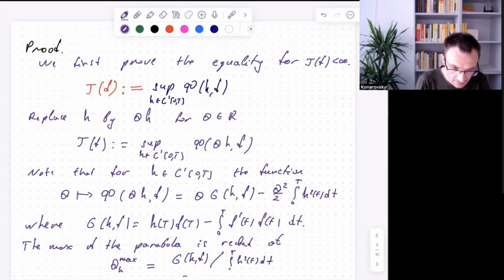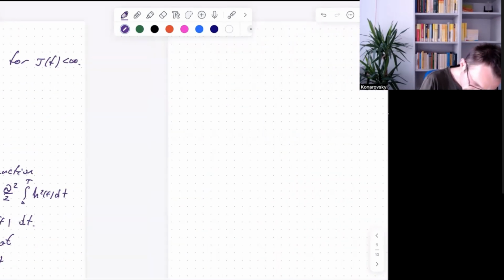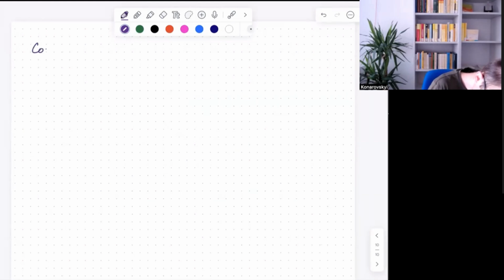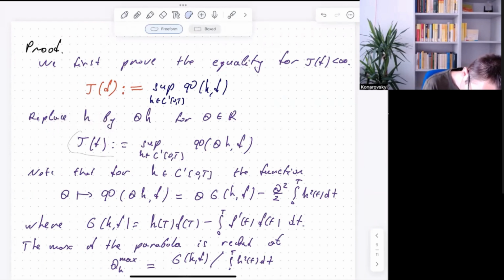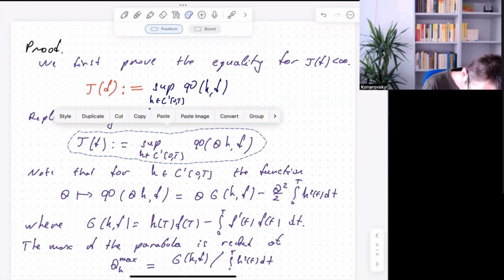And then let's see what happens then consequently. We have that this J, we have this equality for every theta which you like.